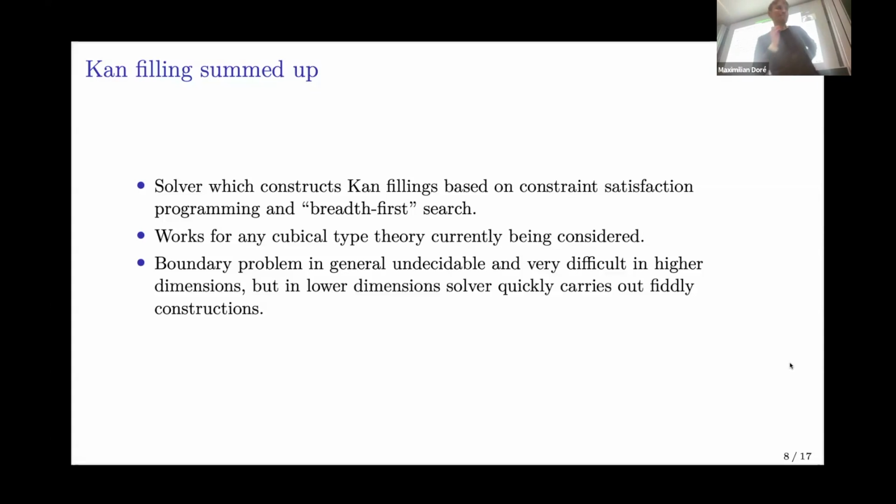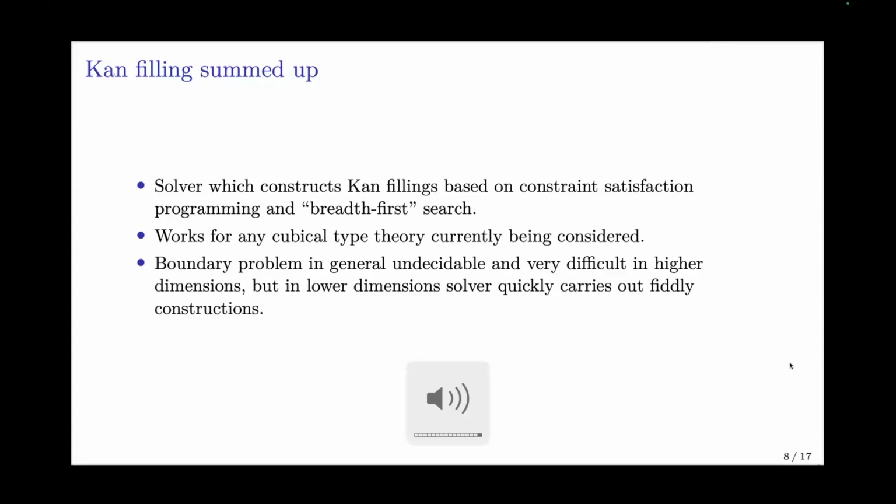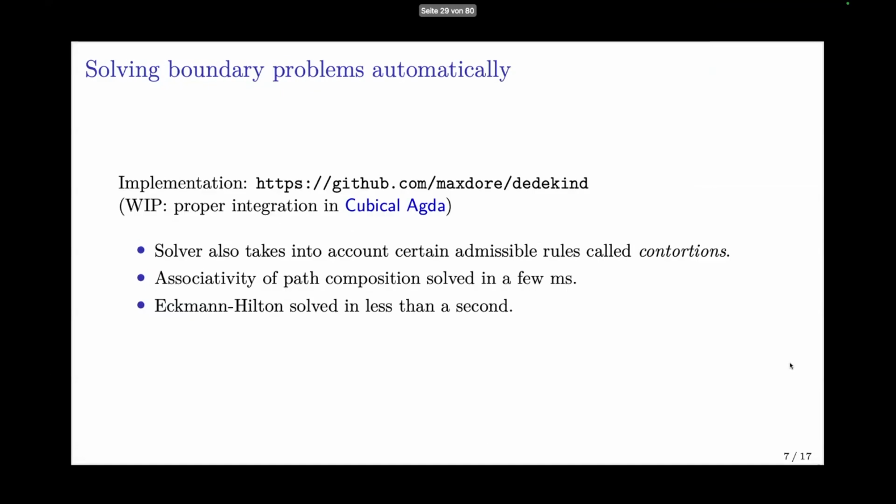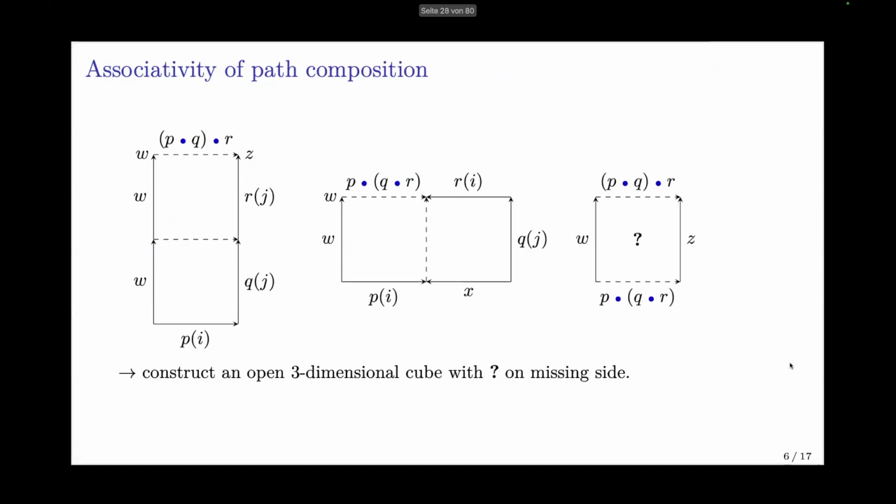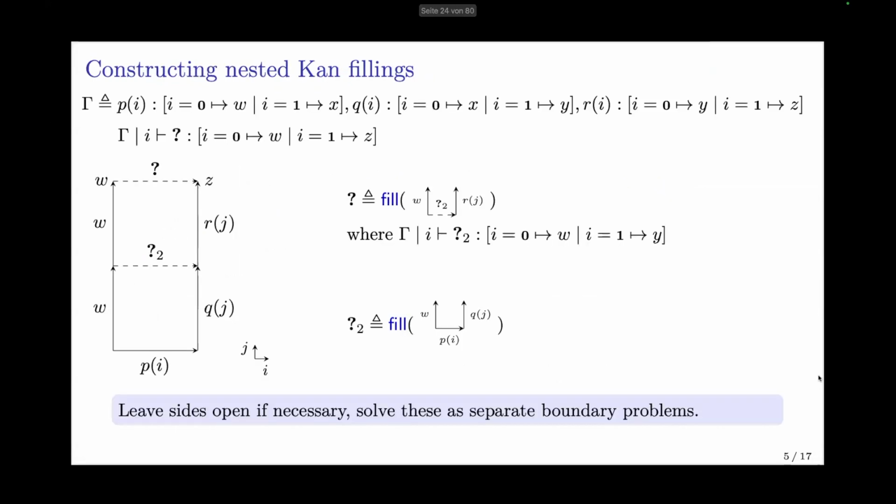Yes. Can I go back to an earlier slide, when you were showing P composed with Q gives you the same thing as Q composed with P or something like that? Maybe back one slide before that. One more.